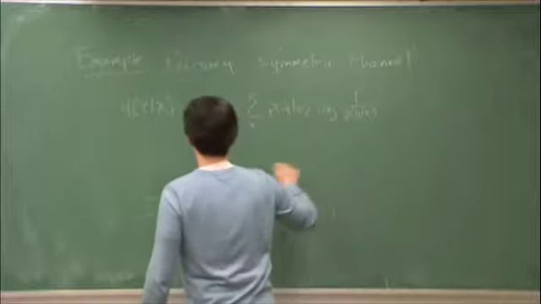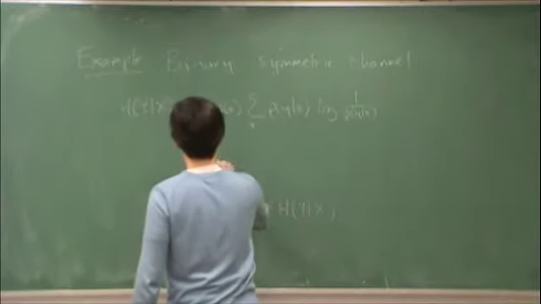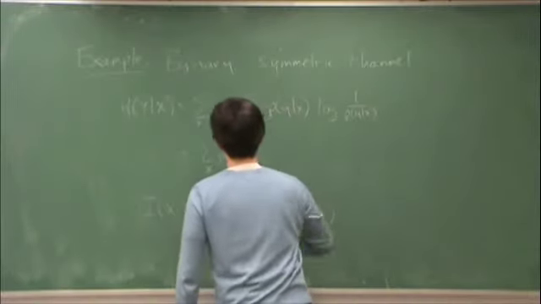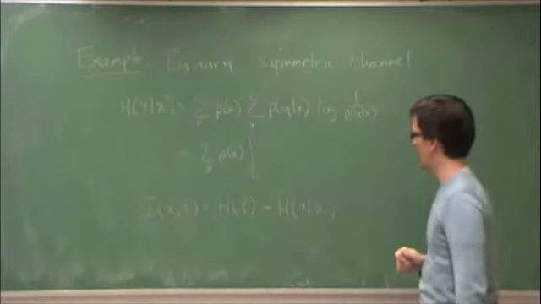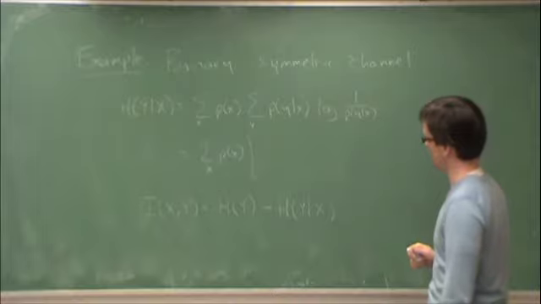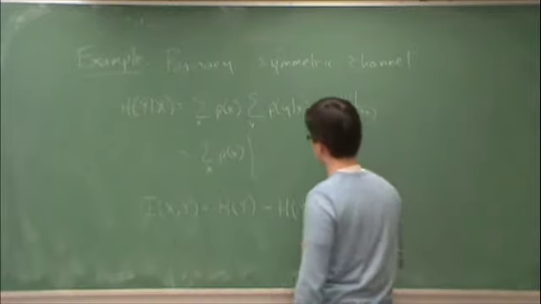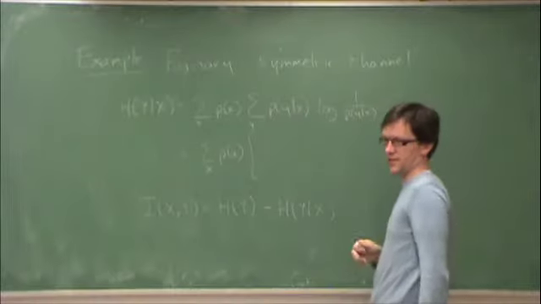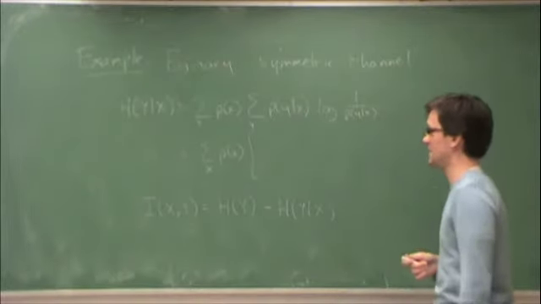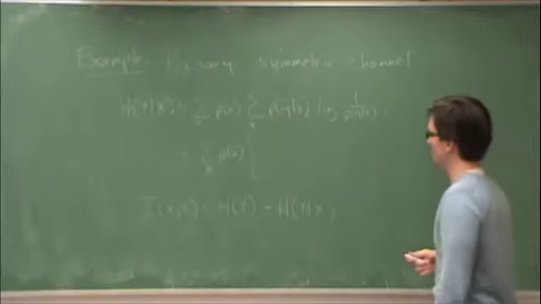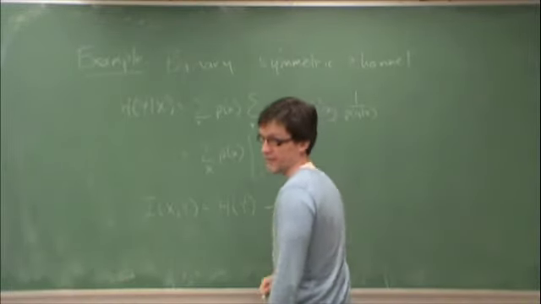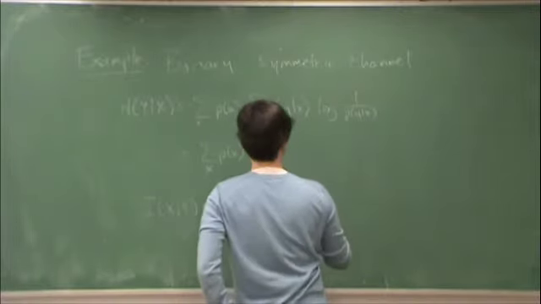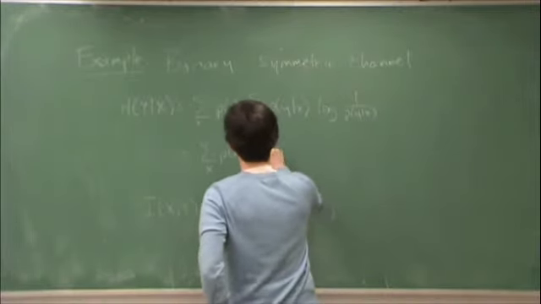I'm going to write this sum under y as follows: sum over x, p(x), times, so I have two possibilities for y. The possibilities for y are where y is equal to x and where y is not equal to x. So x is binary, y is binary. So one of the two values of y must be equal to x and the other one must be not equal to x. So let's write out both terms explicitly.